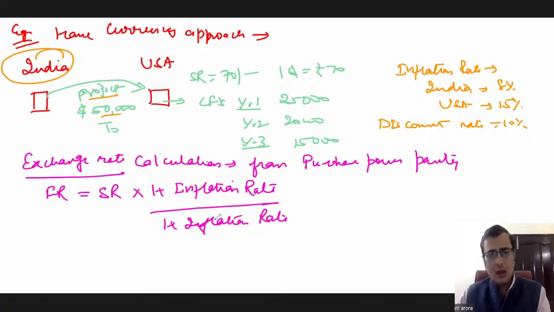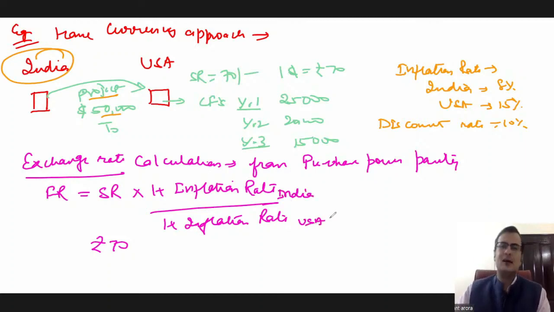Now, beta, what we are doing it for is 70. So 70 is rupees. So you will have the inflation rate of India here and USA here. Sir, we did not understand. Beta, come back to Forex. What did I teach you?